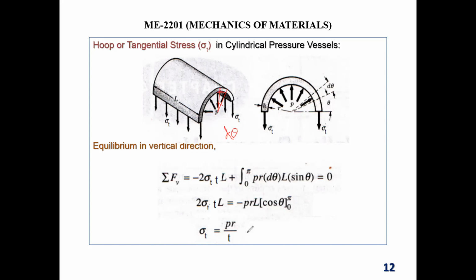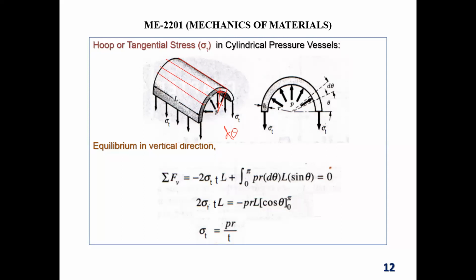This length is r into d theta, and it goes throughout the length of the pressure vessel. That means I took a small longitudinal segment from the pressure vessel.